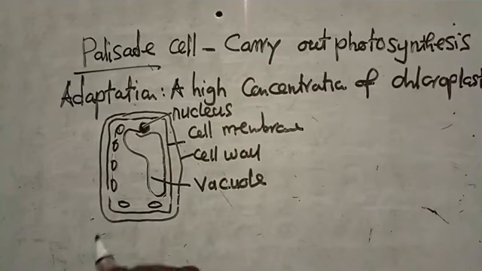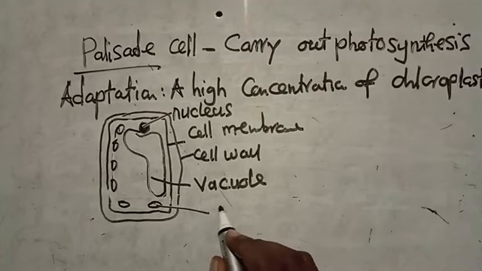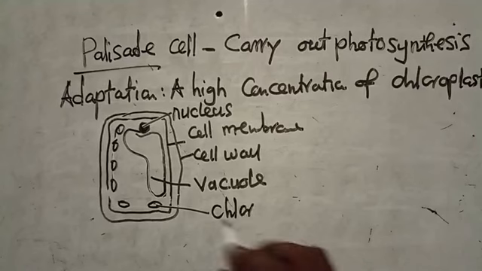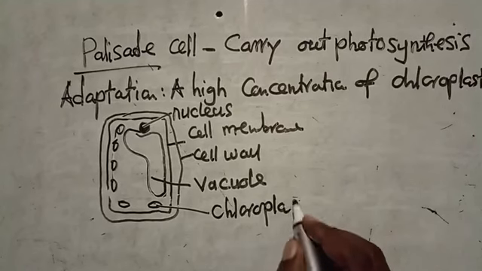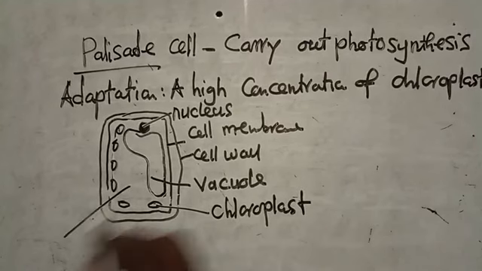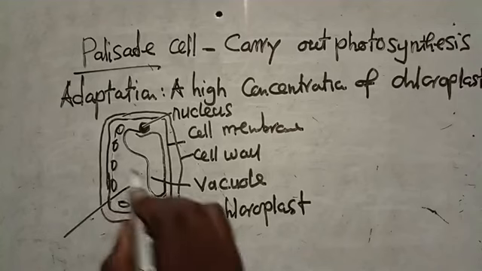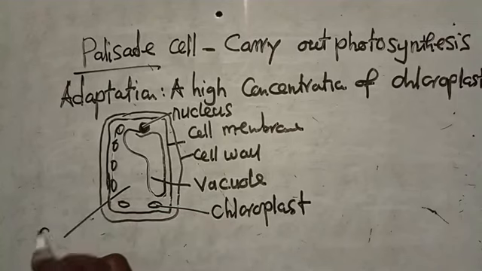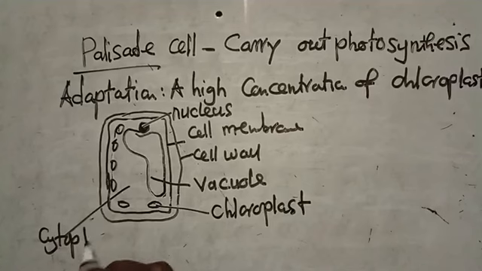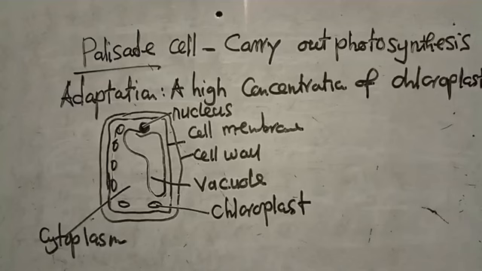These two things, we are calling them what? Chloroplast. Then this part is what? A cytoplasm. I guess we know that. This is something you are supposed to know.